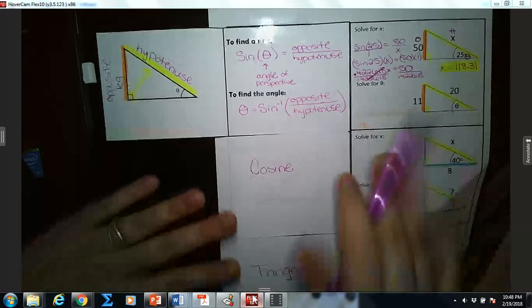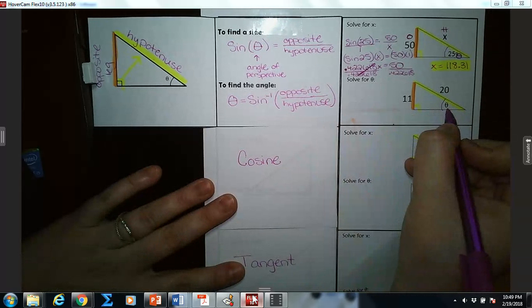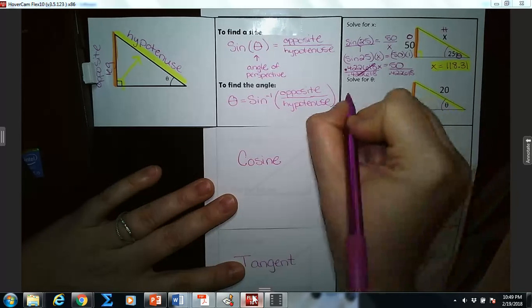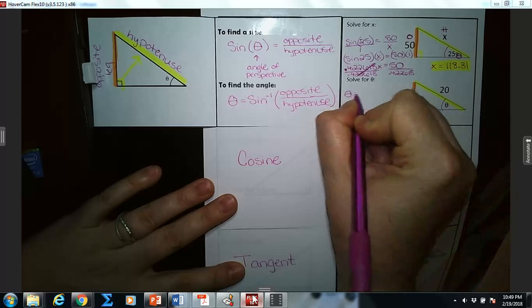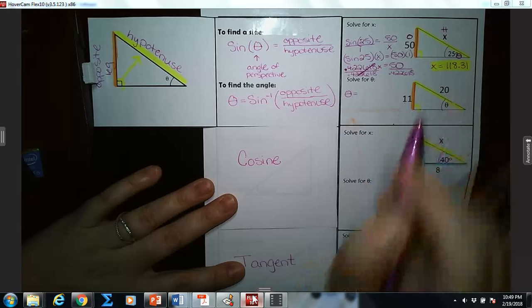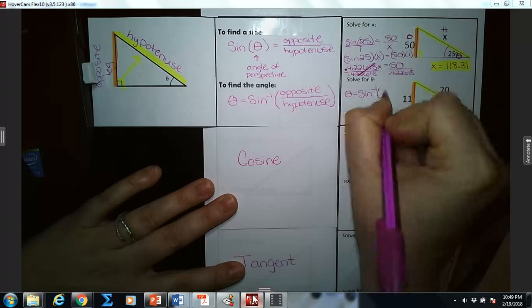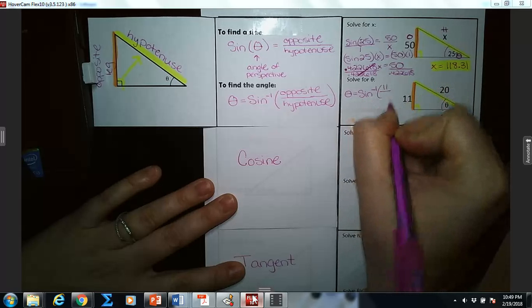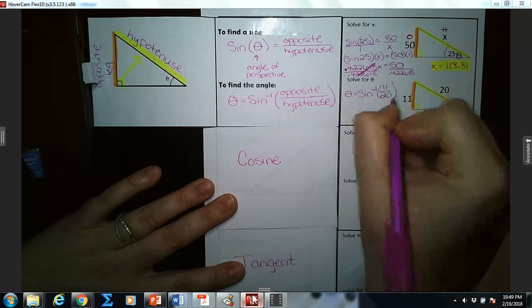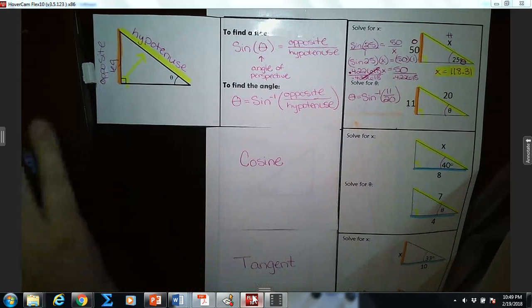All right, so let's set it up for this problem. Solve for the theta, solve for the angle of perspective. So the angle of perspective is using the opposite and the hypotenuse, which is your sine function. Sine inverse of the opposite value, 11, over the hypotenuse value, 20. All right, let's switch over screens to the calculator.